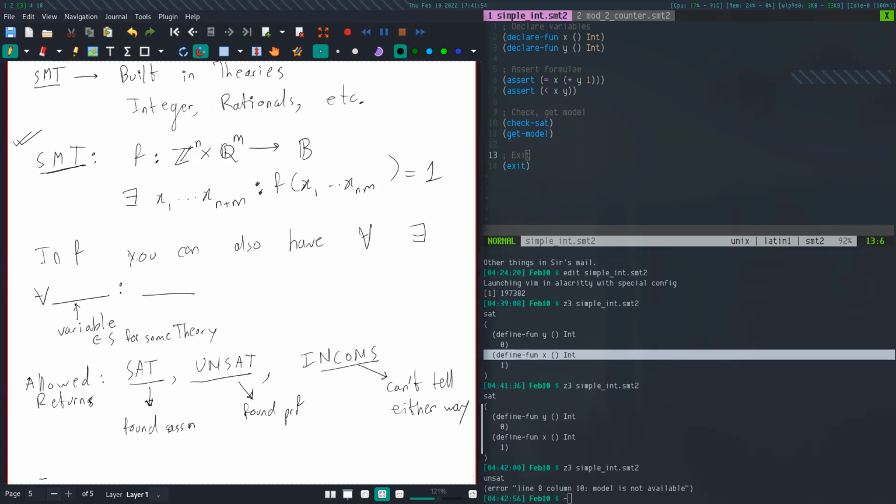So you can quantify over variables, but you cannot quantify over things like lists or sets. That would be second order. So this is first order logic.